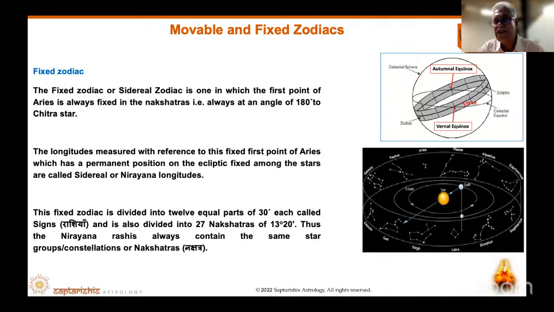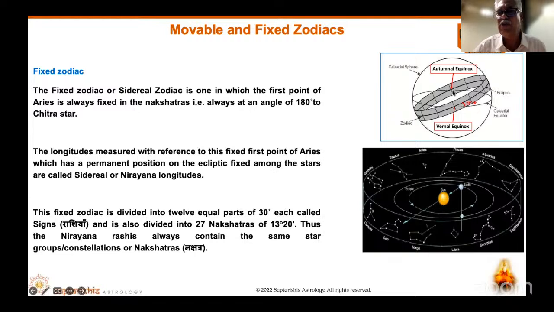It shifts about 50 and 1/3 seconds in one year, and next year it shifts again. In 22nd March 285 AD, this vernal equinox was exactly at the same position here, as per the reform committee that submitted its report to the Government of India, and we took this point as the starting point.